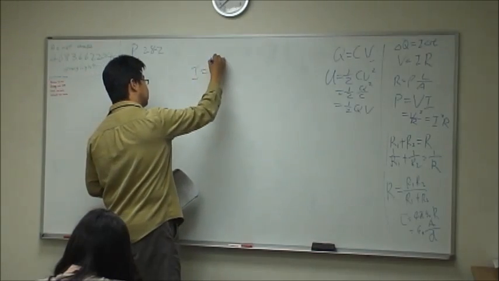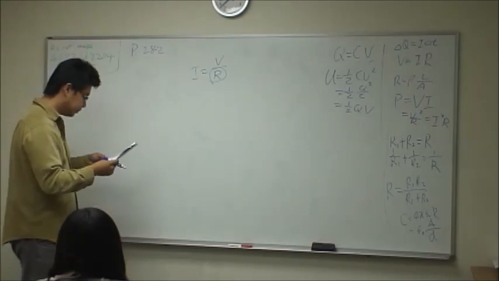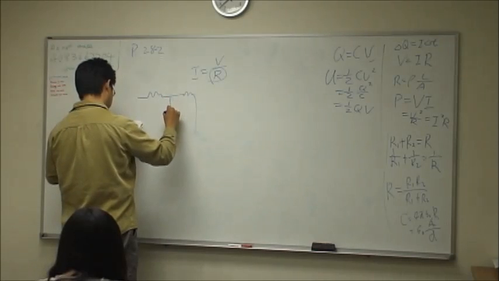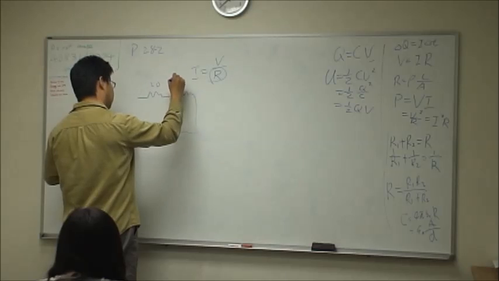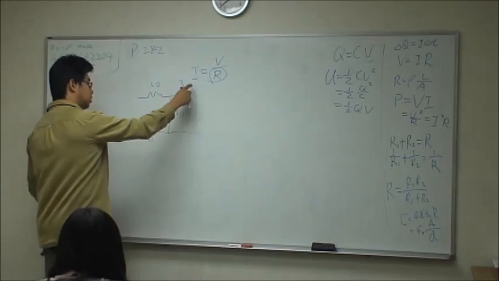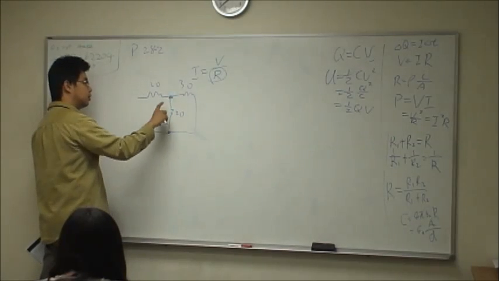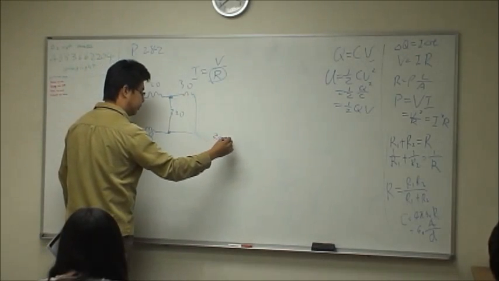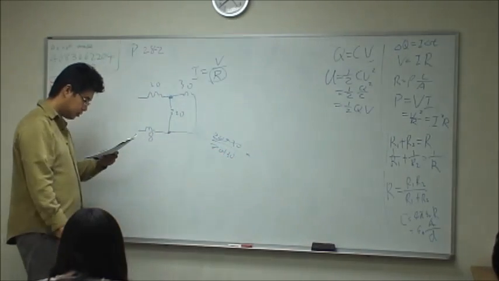The current through the battery is equal to what? V over R. So as long as we know the resistance, we know it, right? Okay, it's 20 ohm. These two are parallel to each other, right? Because this one and this one, they are parallel to each other, 20 or 30. Equal to what?